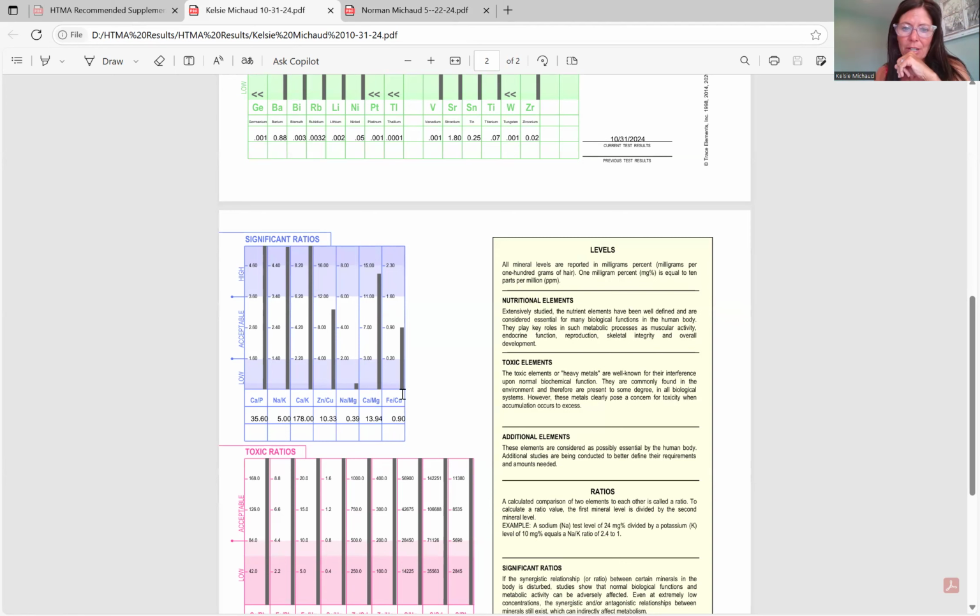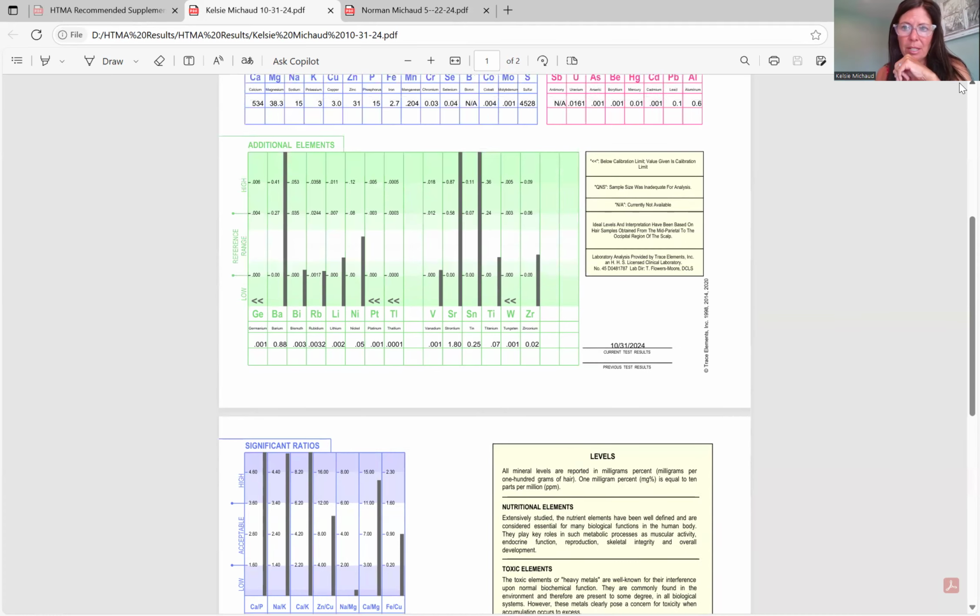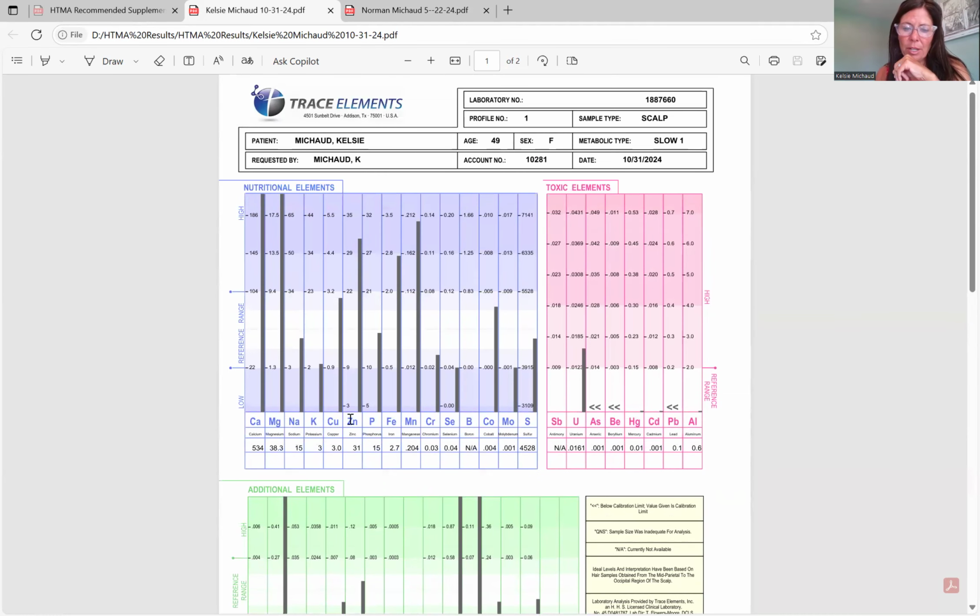And then our iron to copper here is where mine's not showing too much of an imbalance, but because I see up here what they're doing individually, I know that I have some bio-unavailable copper, and my iron here is excreting into my tissues. I have a lot of it in my tissues that it needs to get out.